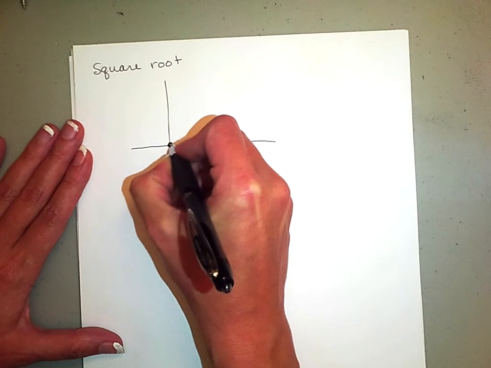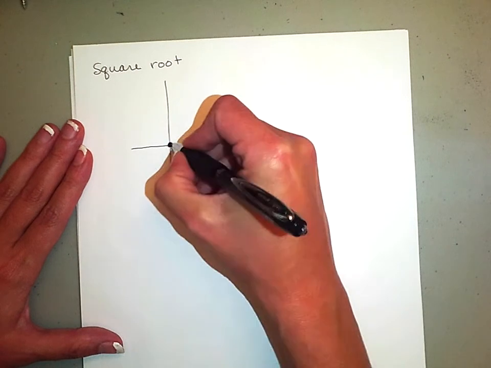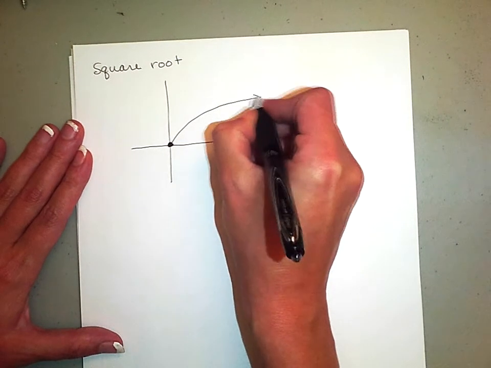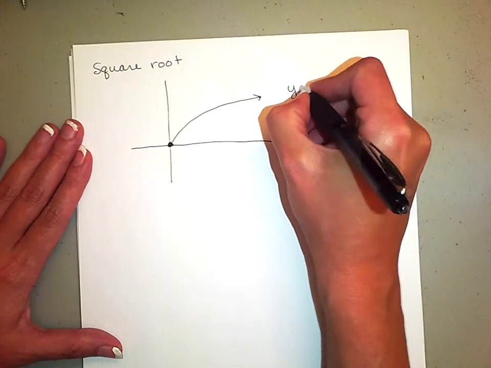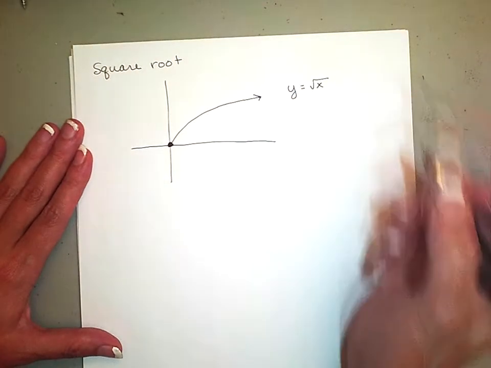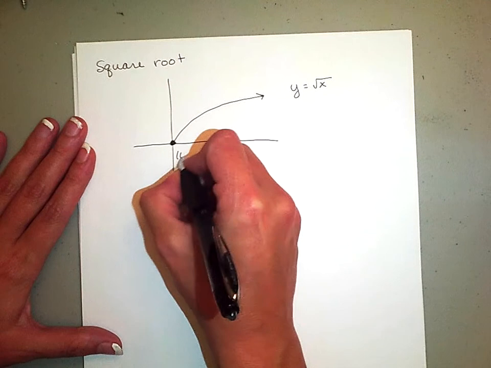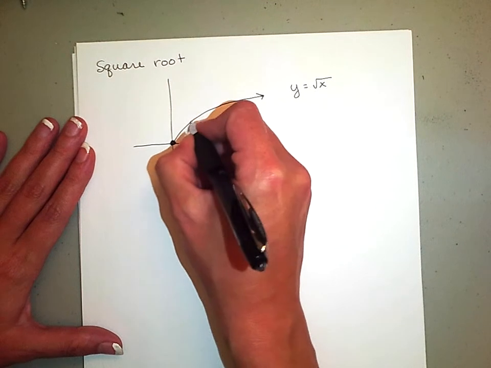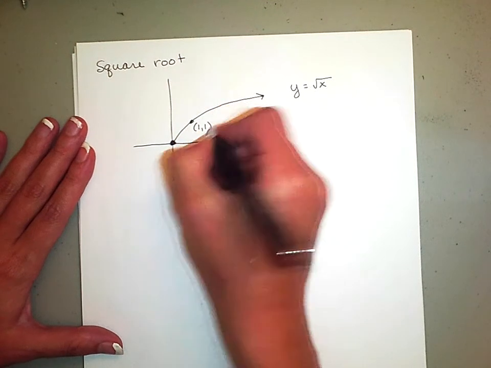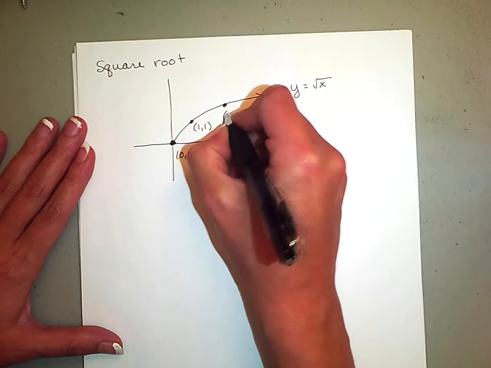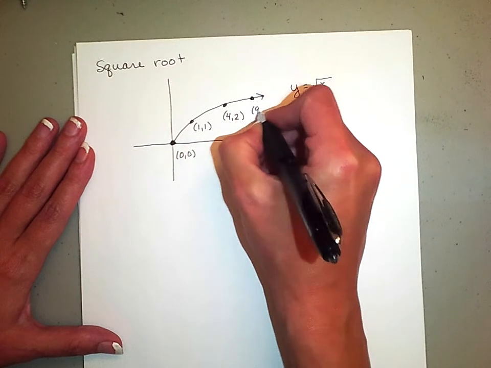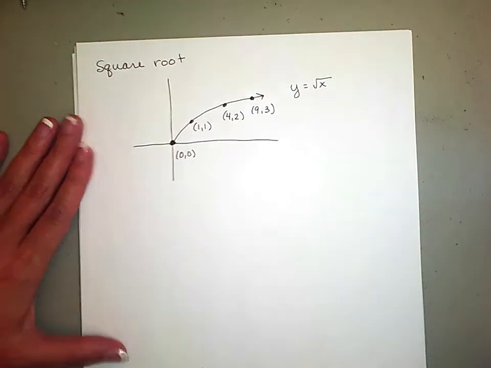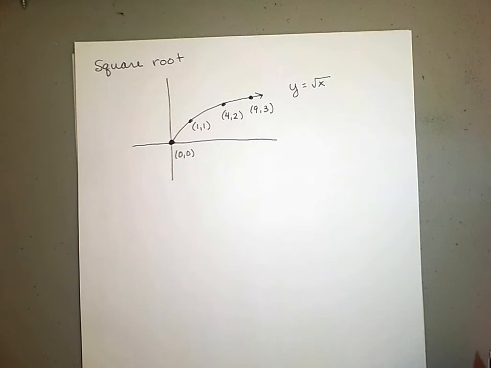The square root of x, our basic parent function, looks like so. So this is y is equal to the square root of x. This is the point 0, 0. This is the point 1, 1. If you take the square root of 4, you get 2. If you take the square root of 9, you get 3, etc.